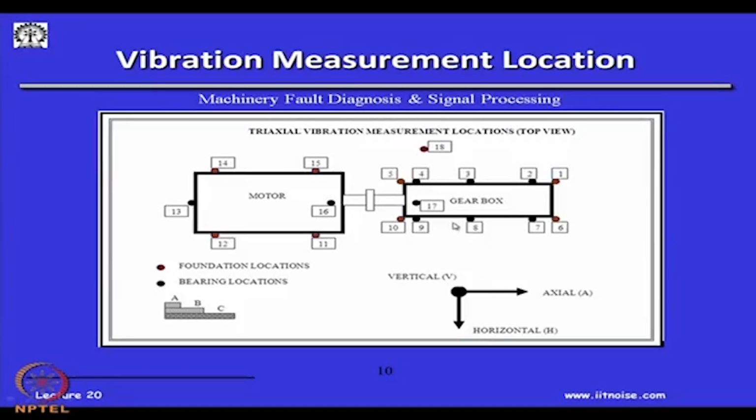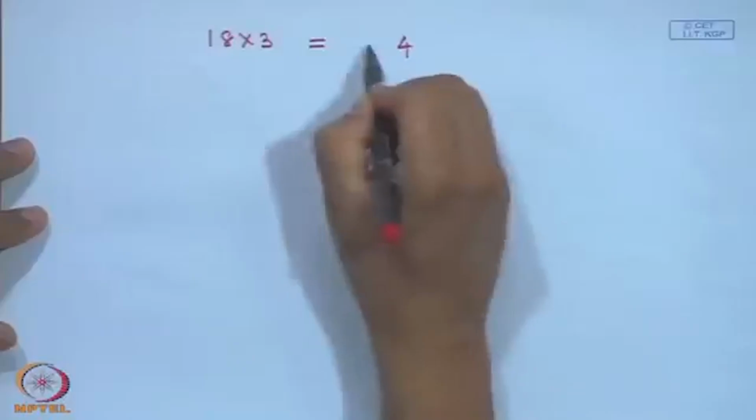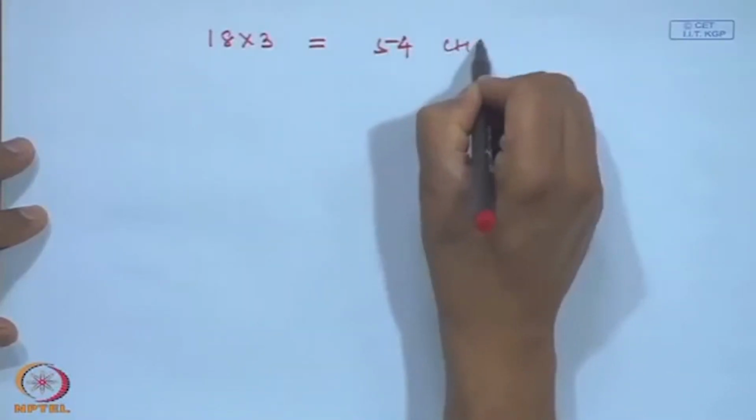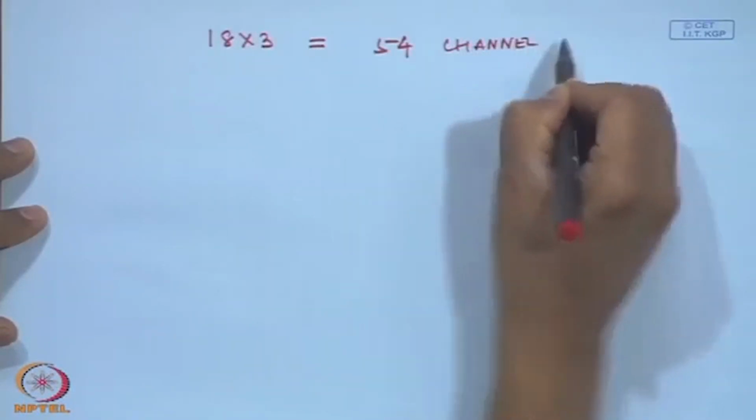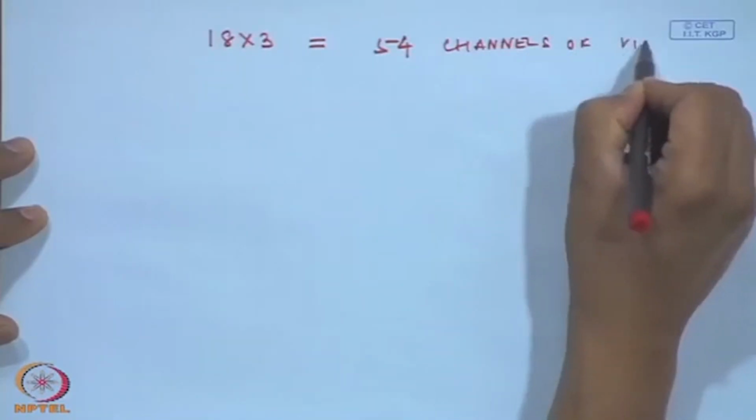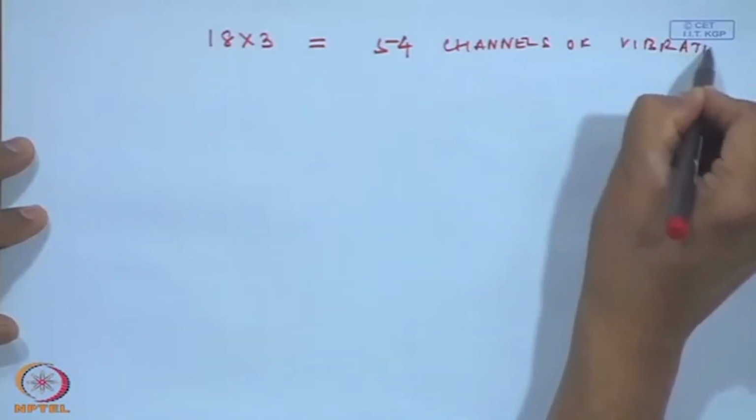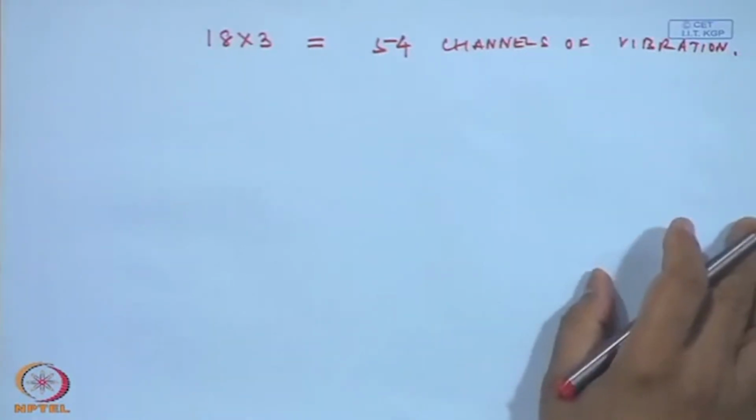here. So, you see in all this for vibration monitoring, if there are 18 locations and at every location I am having 3 directions, so 18 into 3, 54 channels of vibrations are recorded.